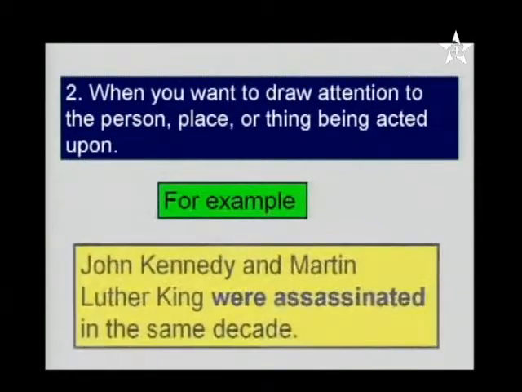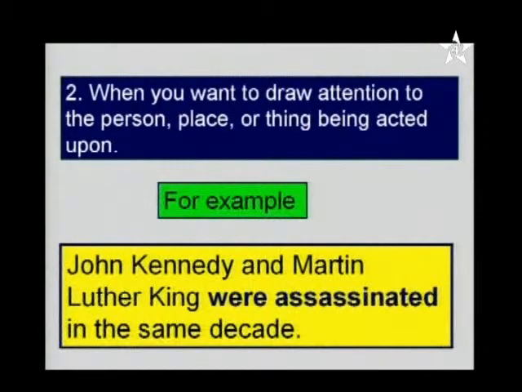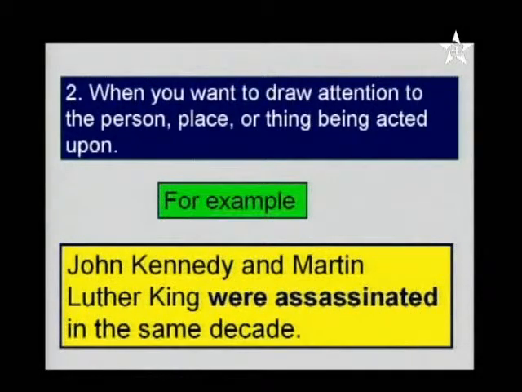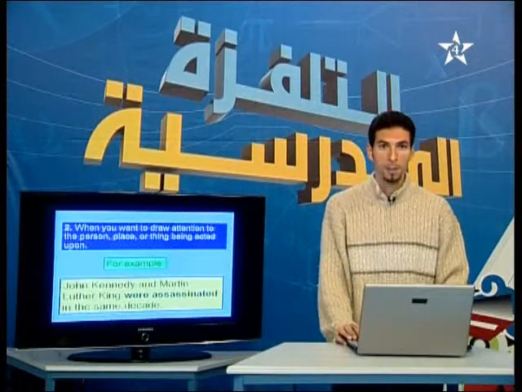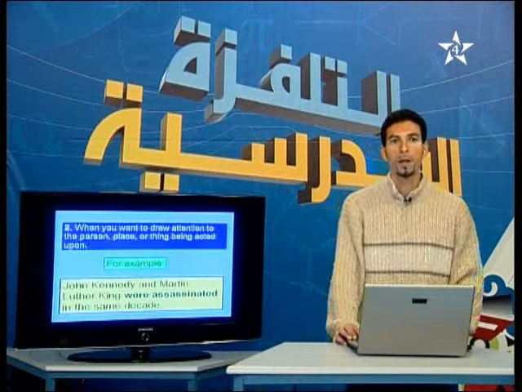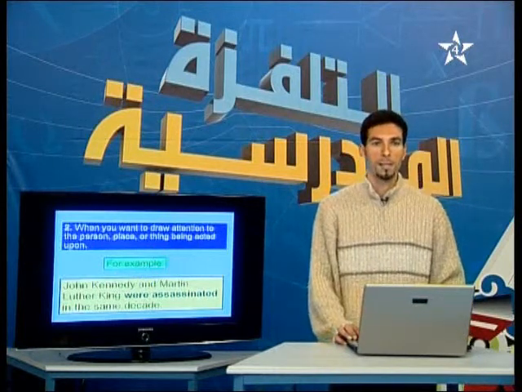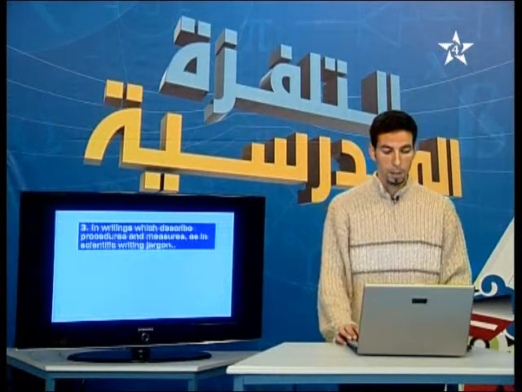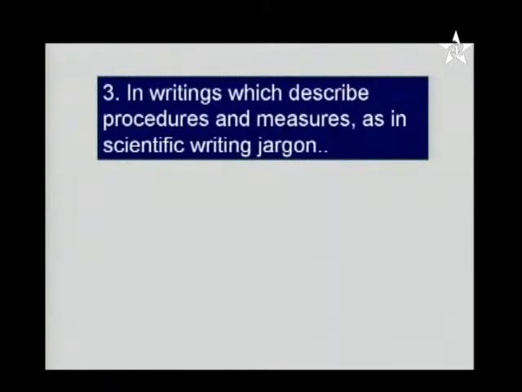For example, John Kennedy and Martin Luther King were assassinated in the same decade. All right? It's not important, however, who assassinated both of these men, but the most important event is their being assassinated.